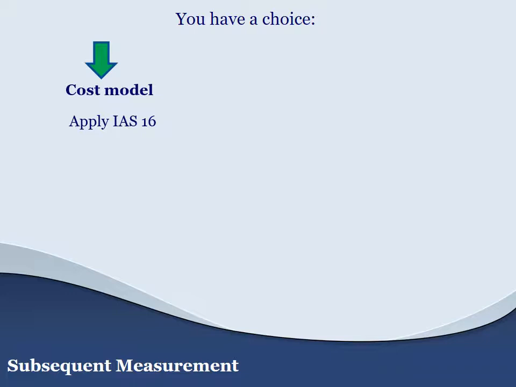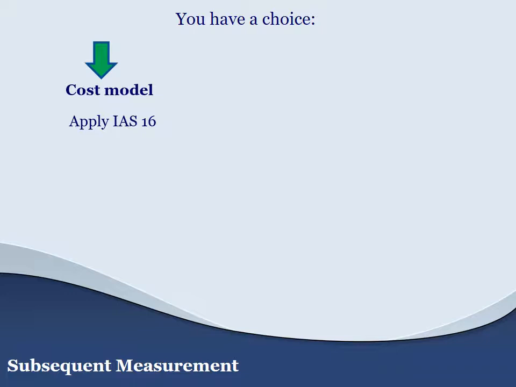Then the standard says, well, if that is the case, go and apply IAS 16. But in applying IAS 16, we also need to take the consequences that go with IAS 16, which is we need to determine the useful life of the asset. We need to depreciate the asset over its useful life.